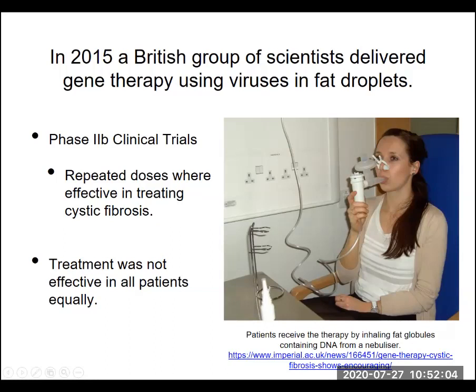They put it in a nebulizer, almost like an inhaler, so that the patient breathes it in, and it appears as if they're able to, again, get these corrected versions of the gene into the cells that need it, and hopefully without a lot of the immune system problems that were going on before. It appears to be effective in treating cystic fibrosis.